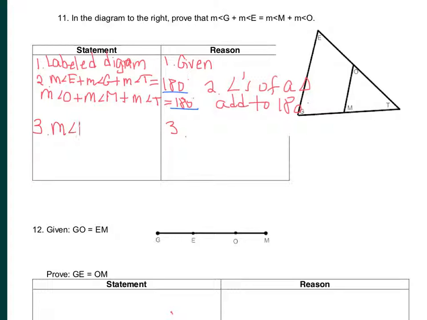Measure of angle E plus measure of angle G plus measure of angle T equals measure of angle O plus measure of angle, oops, let's make that small m. Measure, I'm just going to continue to the right, m plus measure of angle T. And that was substitution.